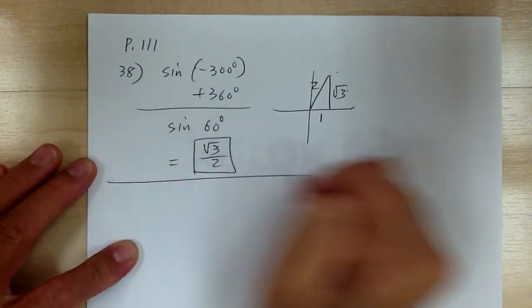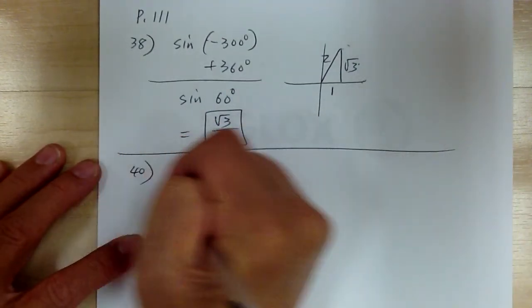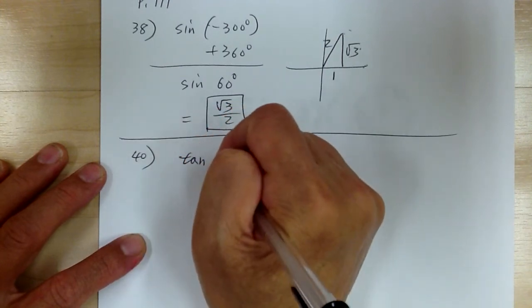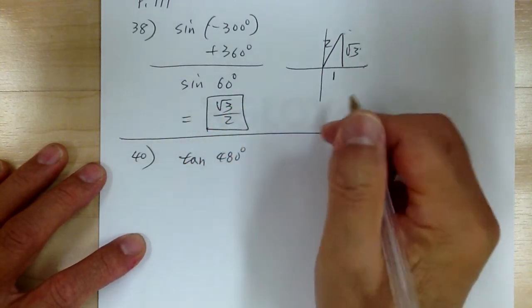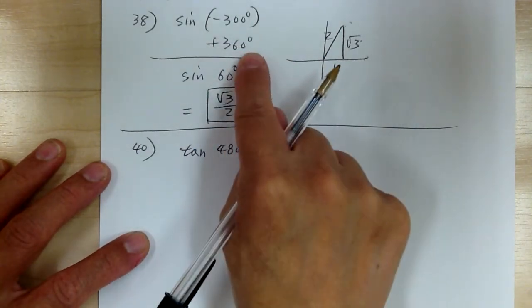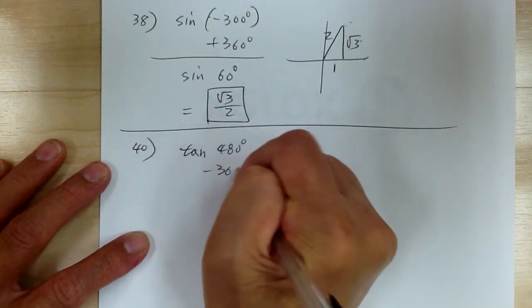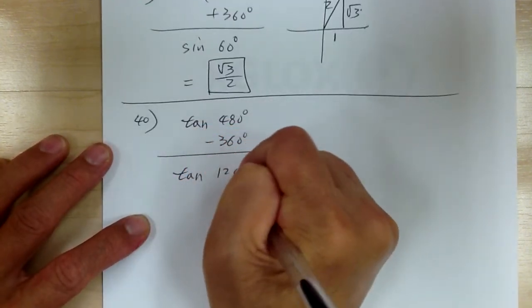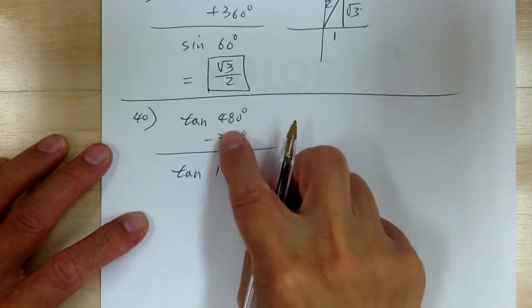Okay, let's go to number 40. You have the tangent of 480 degrees. If the angle is too big, you use a coterminal angle. You can keep adding 360 or minus 360 to get into a better angle. So this will give you tangent of 120 degrees. Learn how to use coterminal angles.